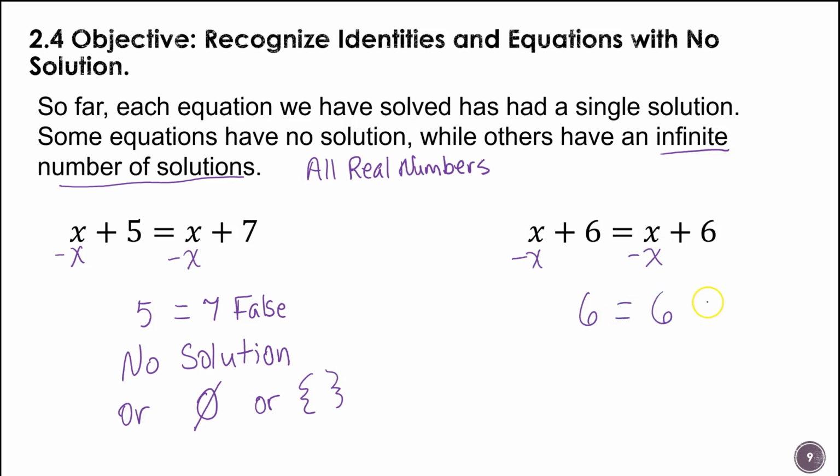And you can see that 6 does equal 6. That's true, right? A true statement. And so I'm going to say all real numbers. It's an infinite number of solutions because all real numbers go on forever, right? And then that is it on that one. All real numbers.